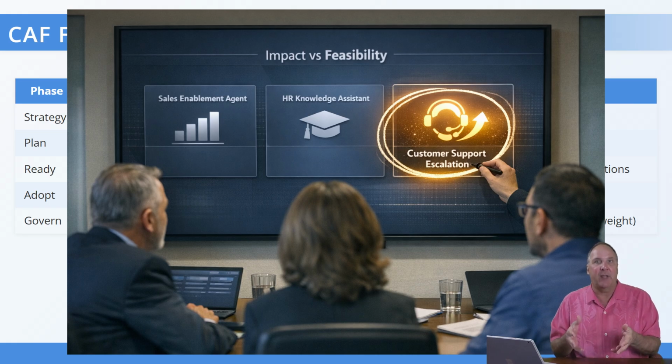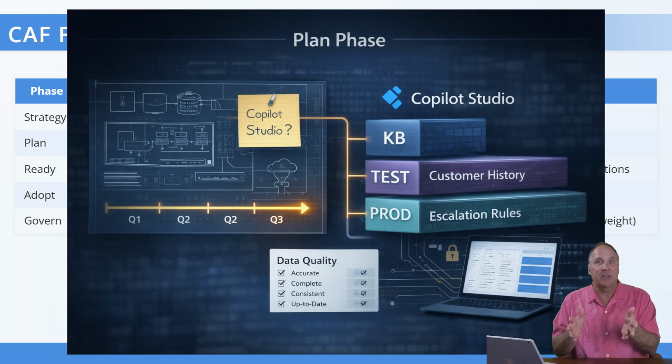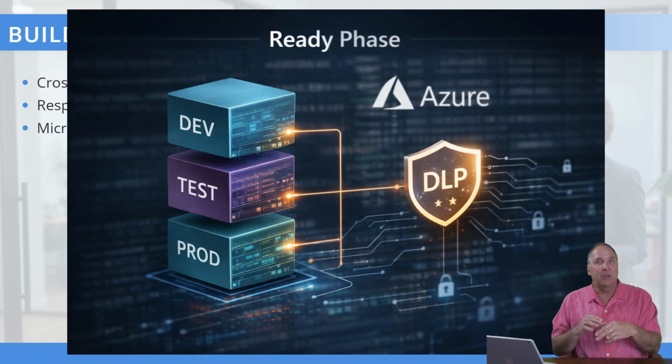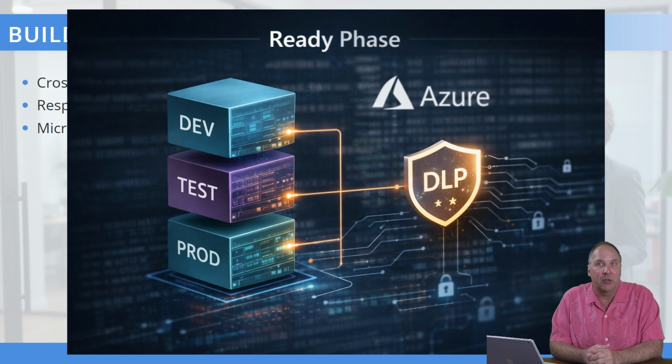In the strategy phase, your executive team identifies 3 high-impact use cases. Customer support escalation tops the list. Plan phase, you assess data readiness, the customer histories, knowledge base, team skills, and then timeline. Your ready phase, you set up a development, test, and production environment in Azure.